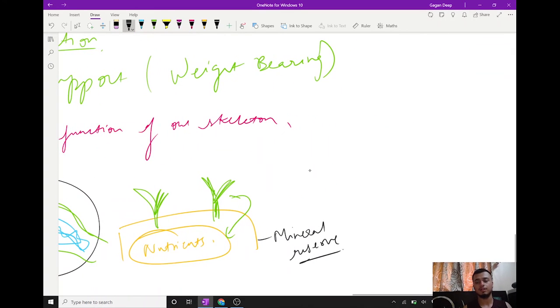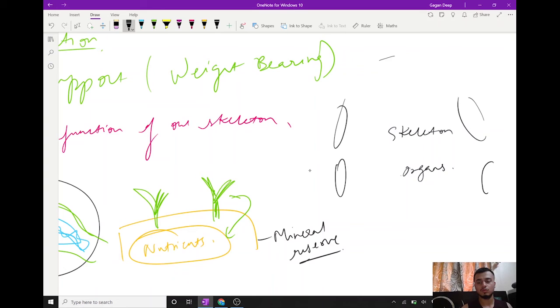Similarly, in our body, we have a skeleton, then we have organs inside our body. I'm just drawing a rough diagram over here.